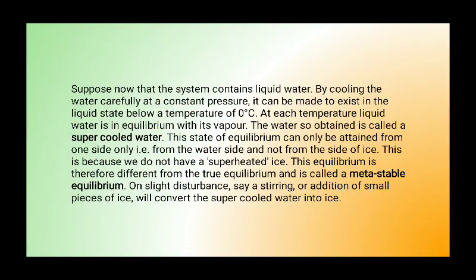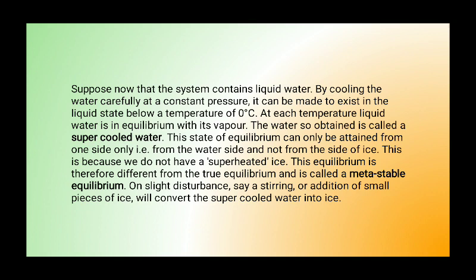Suppose now the system contains liquid water. By cooling the water carefully at constant pressure, it can be made to exist in the liquid state below a temperature of 0 degrees C. At each temperature, liquid water is in equilibrium with its vapor. The water so obtained is called supercooled water.